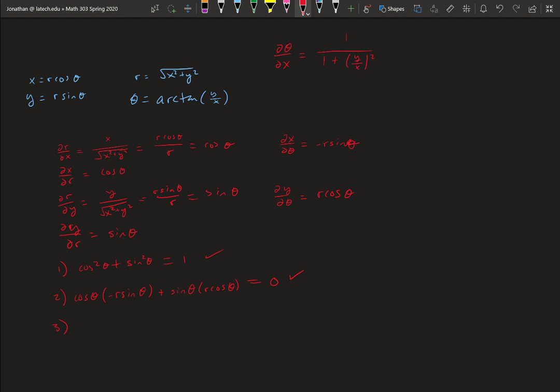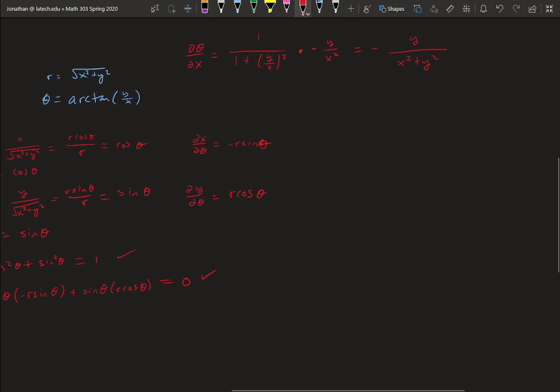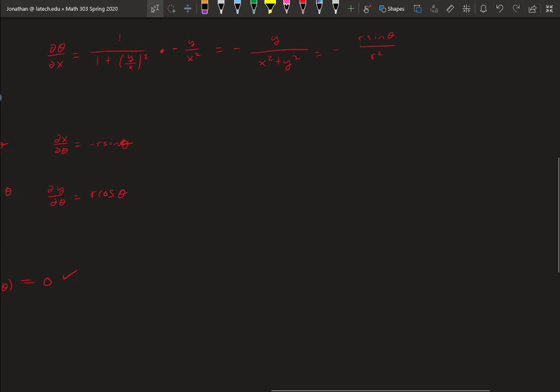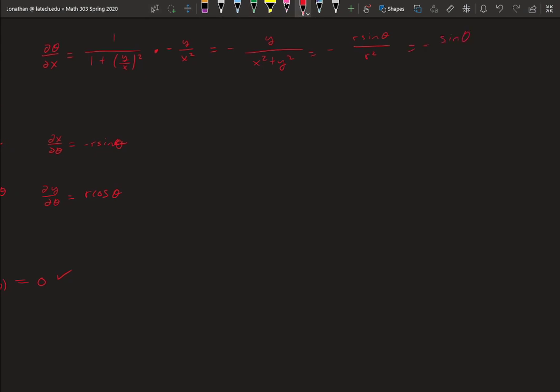Derivative with respect to x, though, is going to be times negative y over x squared, which is negative y over x squared plus y squared, which will be negative and then r sine theta over r squared, which is sine theta over r, negative sine theta over r.